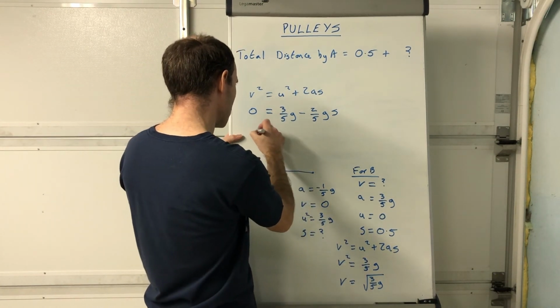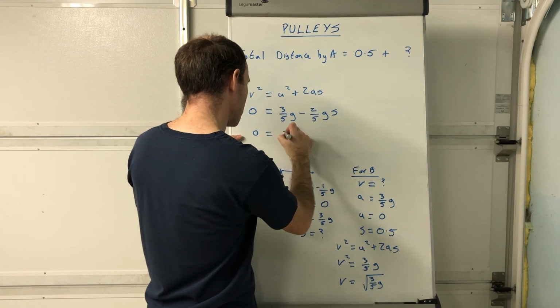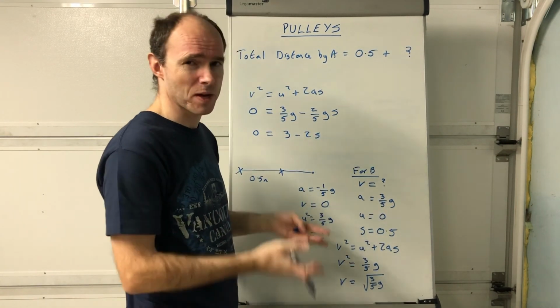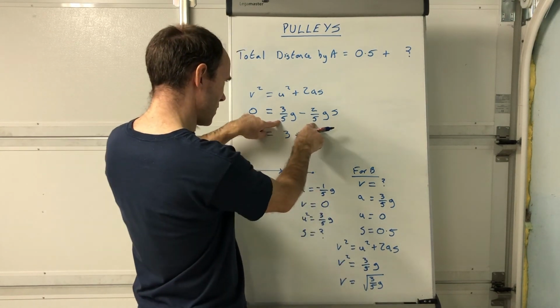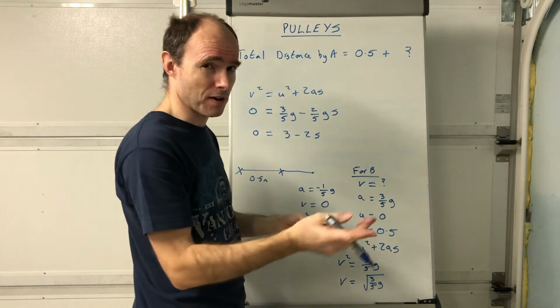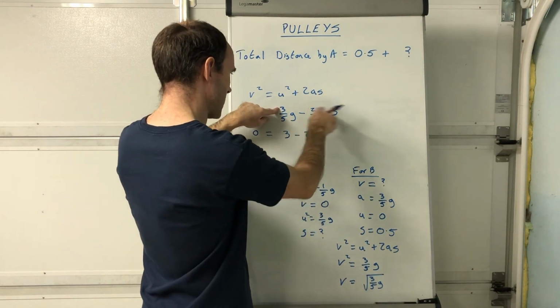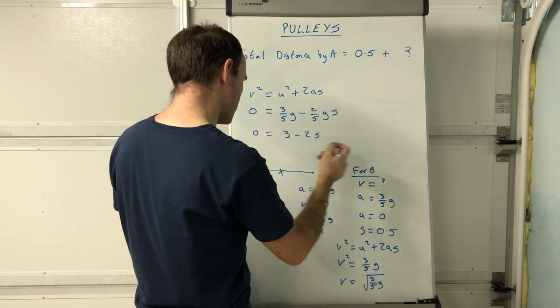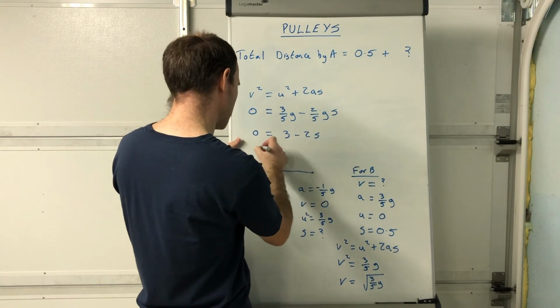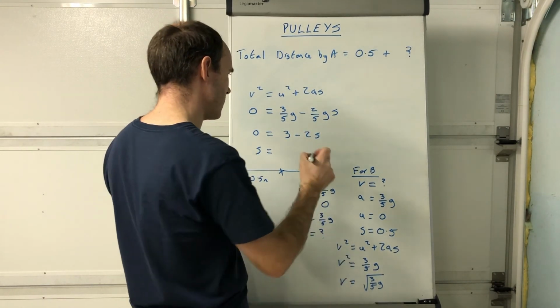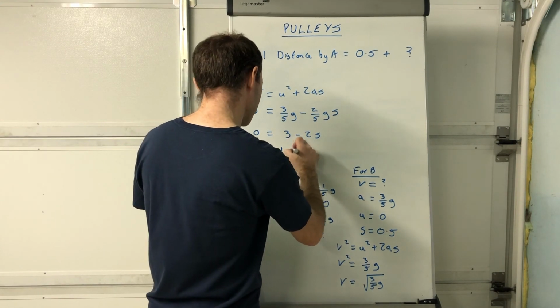So you've got 0 is equal to 3 subtract 2s. To simplify, multiply both sides by 5, so the fifths cancel, and divide both sides by g, so the g's cancel. So you've got 2s is equal to 3, and then s must be equal to 3 divided by 2, so that's 1.5.